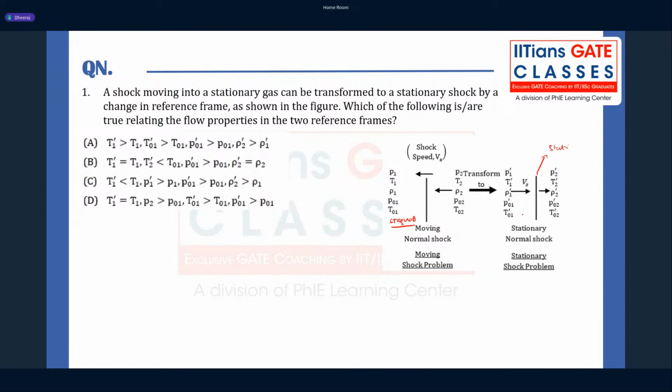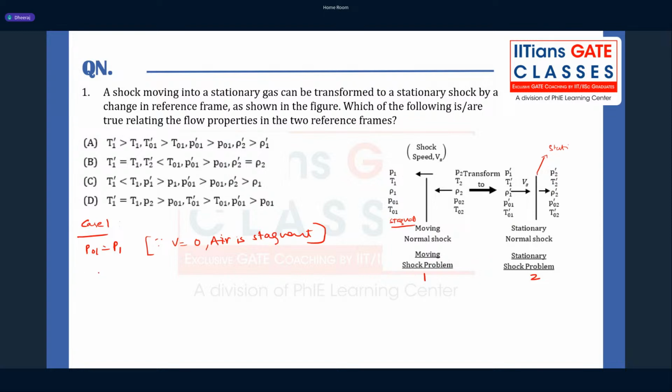Okay, so let's say this is case 1 and this is case 2, right? For case 1, my p naught 1 will be equal to p1, since my velocity is 0 and the air is stagnant, right?